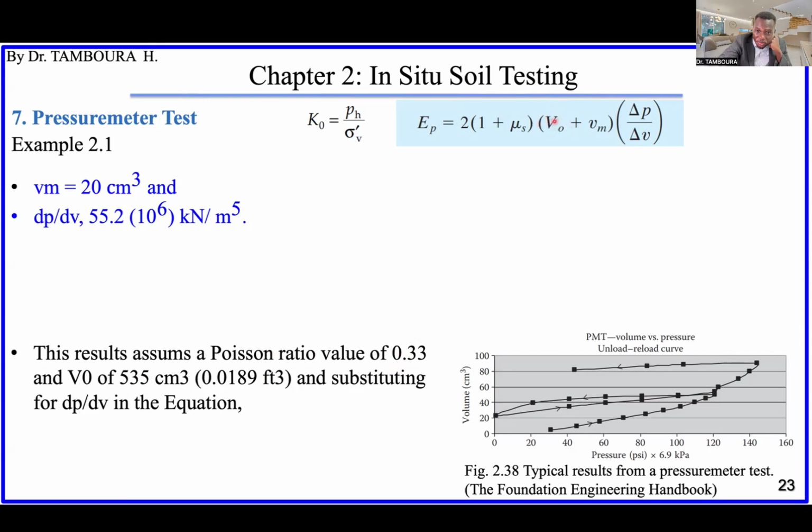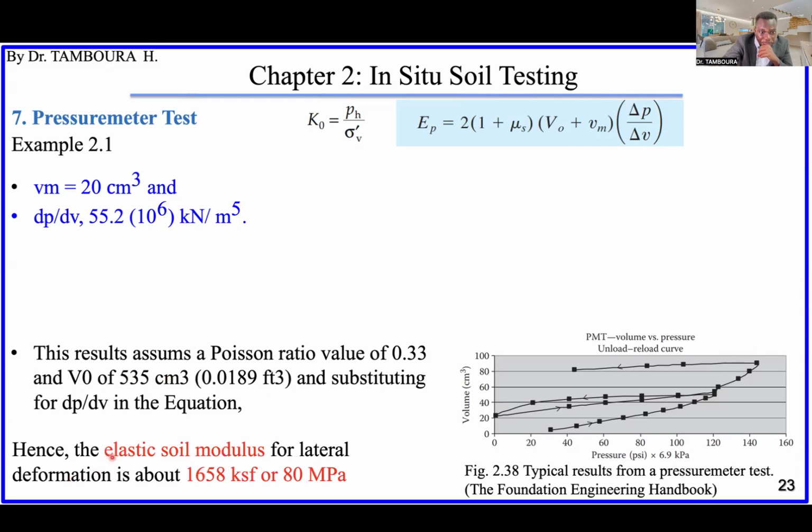The initial volume is, in our case, the V0. This V0 is the volume for the probe, 535. Okay. So the elastic modulus for lateral deformation is about this.